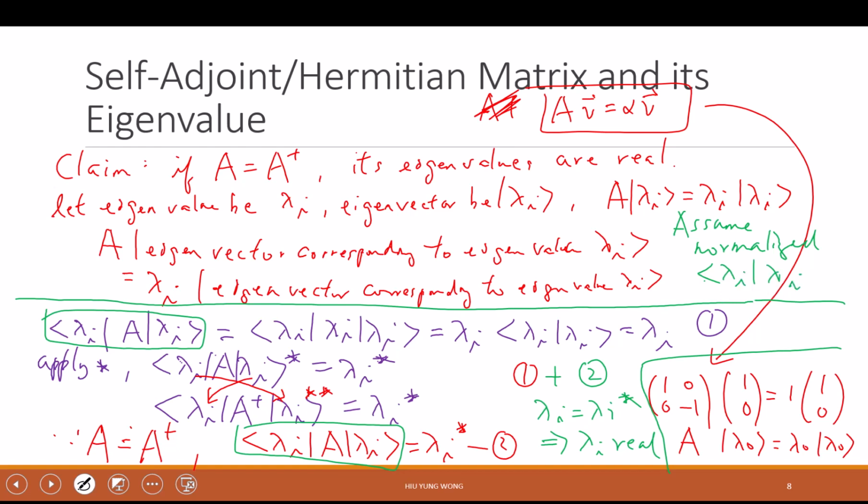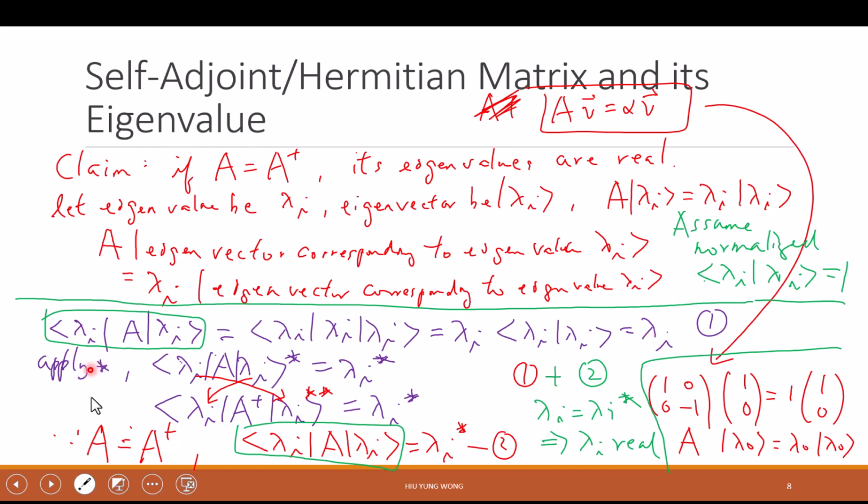Correct, just the magnitude. It must be a real number. So very good. But to make this simple, I just assume it is normalized. But you don't need it to be normalized to prove that it is real. Is that okay? And that's why I just make this equal to 1. Now it means that this expression equals lambda I.